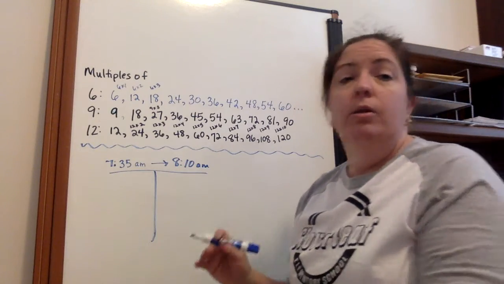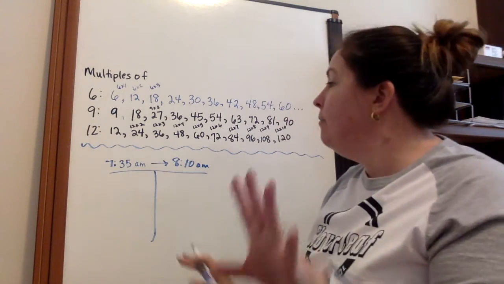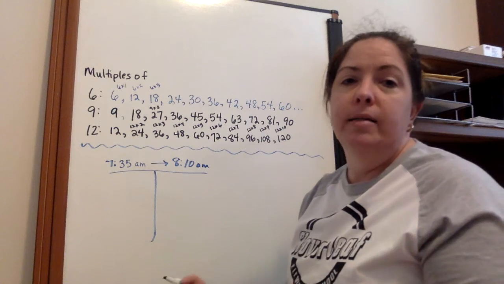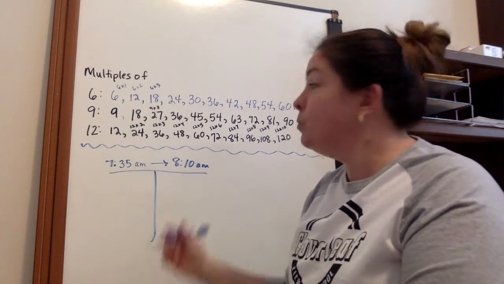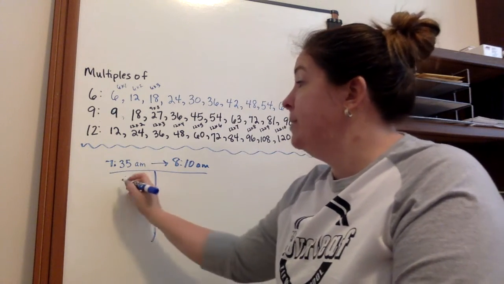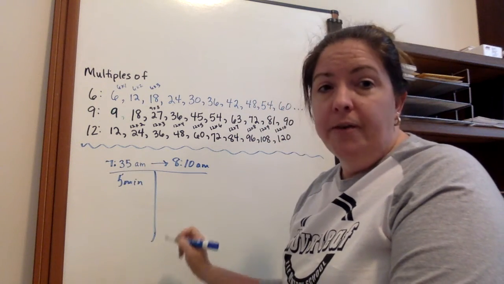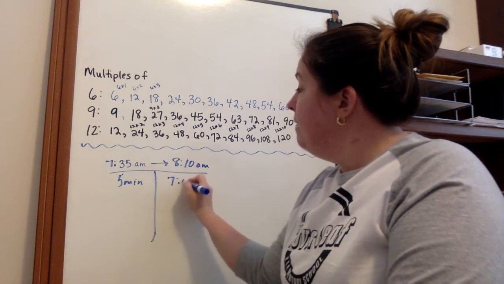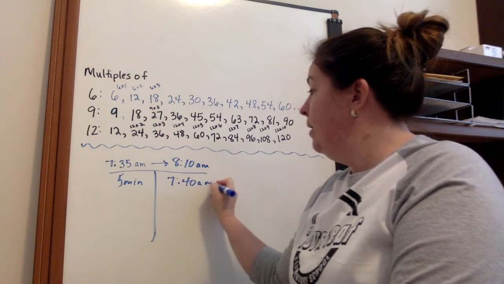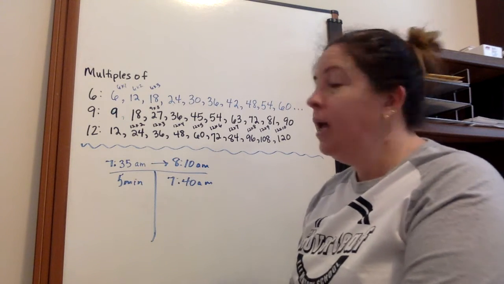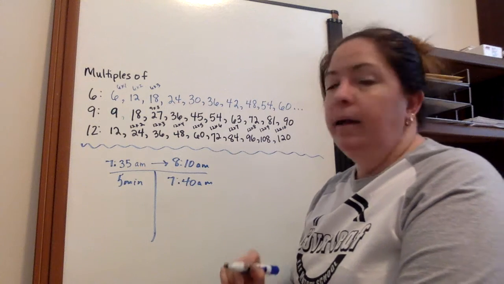Whatever amount of time you added in each section is okay. I'm going to start really basic and just add 5 minutes to take my 7:35 time to 7:40 a.m. And then I can get a little trickier.